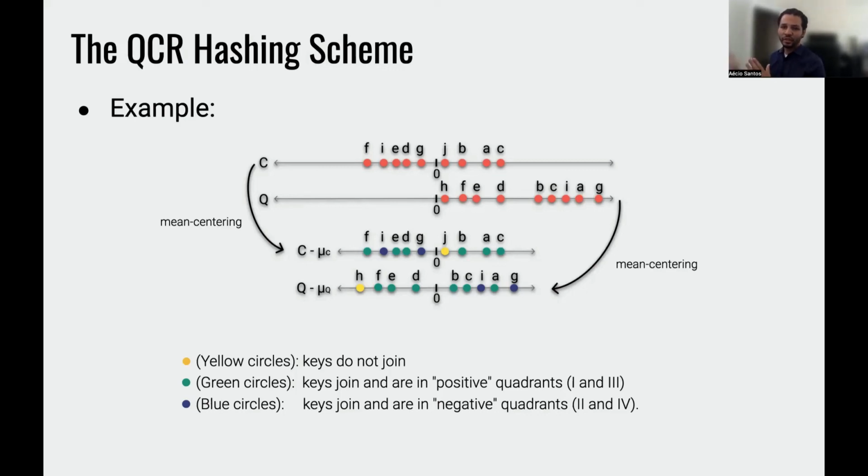They are to the right of 0 here. So they both match, and they are in the same quadrants if you look at the previous picture. So essentially, this hashing scheme is matching these points. The set of terms will only have high overlap if they are both joinable, and if they are in the same quadrants in this scheme of the QCR correlation.